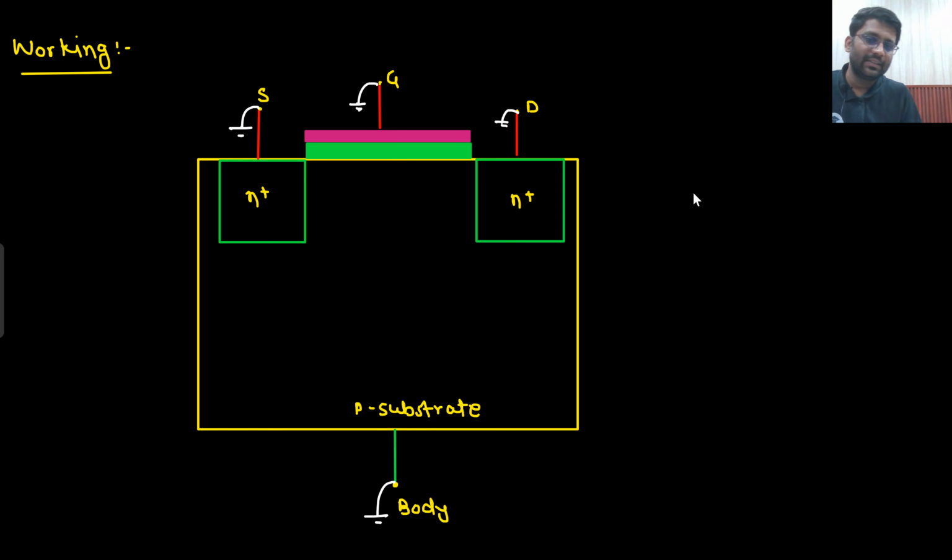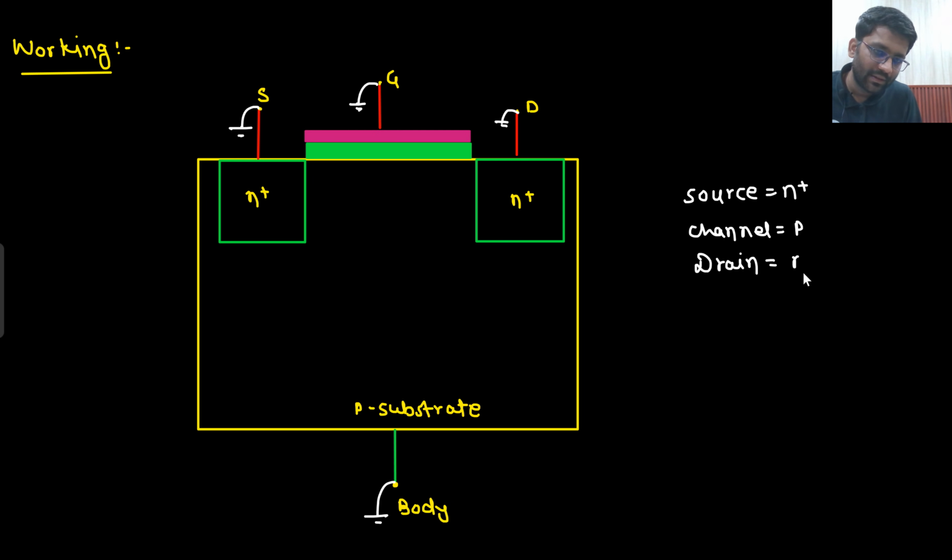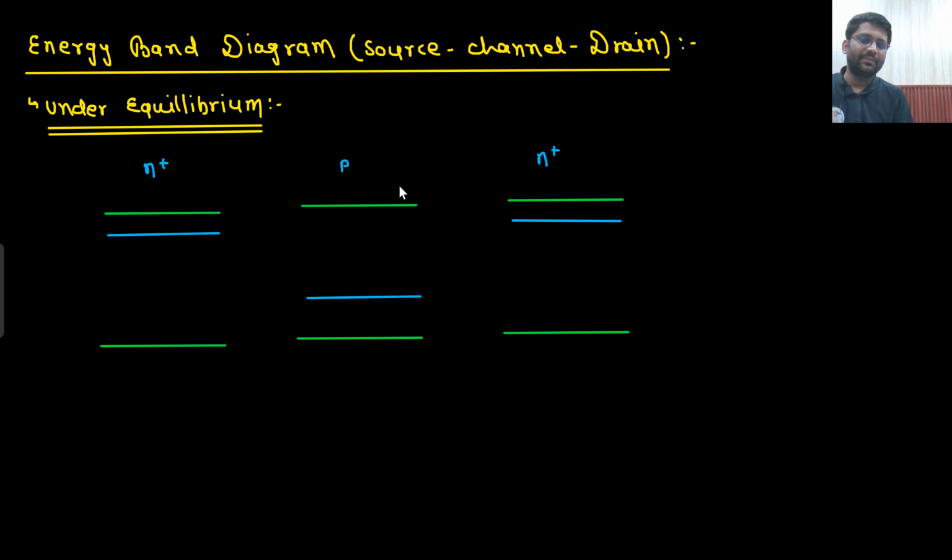So your source is N plus. As of now your channel is P type, and your drain is N plus. So this is the scenario: N plus P N plus energy band diagram, source, channel, drain. At equilibrium, equilibrium means no current at all. What will happen?